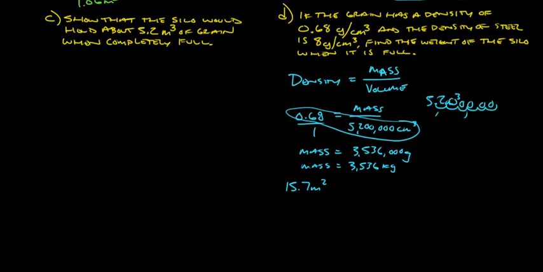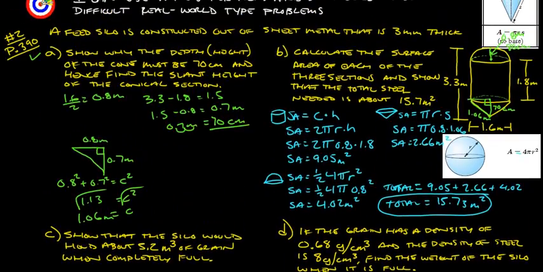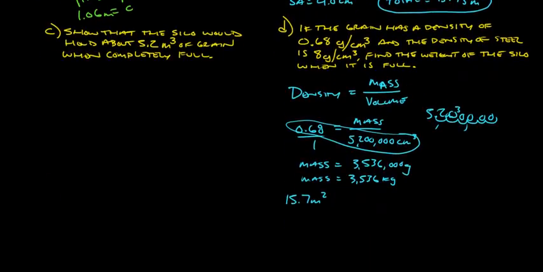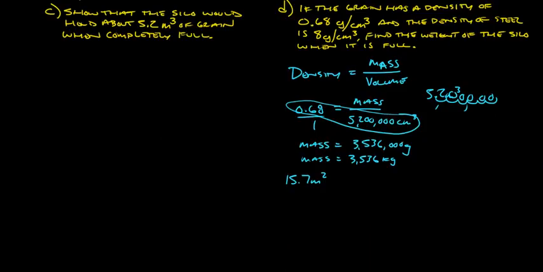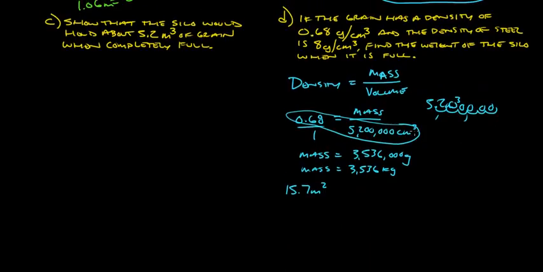Okay, we also have to keep in mind that the steel, way back up at the beginning, says it's 3 millimeters thick. So we've got millimeters here and meters here, and we ended up with cubic centimeters here. So let's turn everything into centimeters. To go from meters to centimeters, we got to move it over twice, but again it's squared, so we got to do that 2 times. So it's 157,000 square centimeters, right?